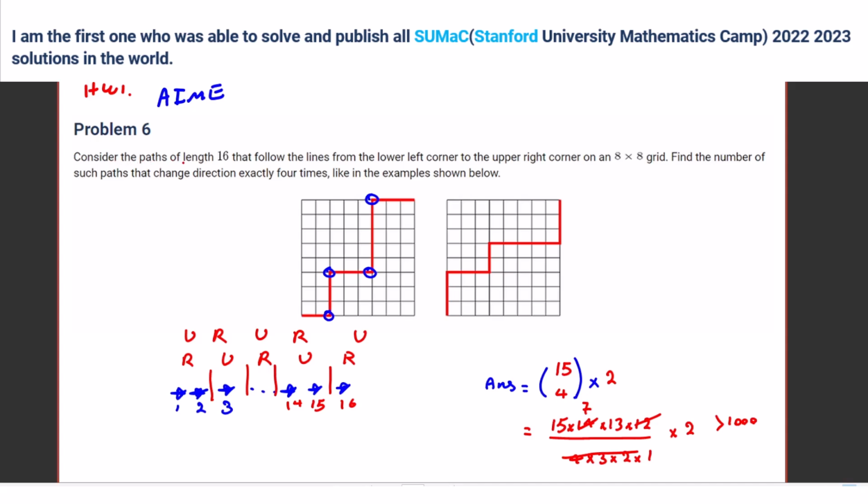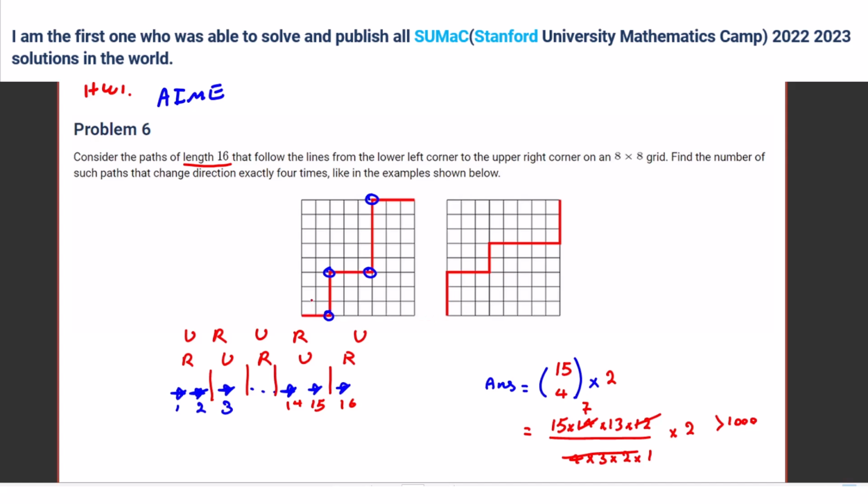It says consider the paths of length 16 that follow the line from the lower left corner to the upper right corner on an 8 by 8 grid. So here, do you agree, if the first divider is here or here, we cannot go right more than 8 parts?